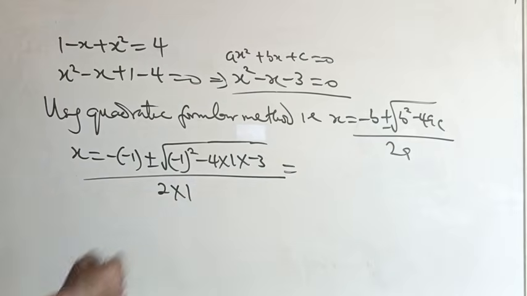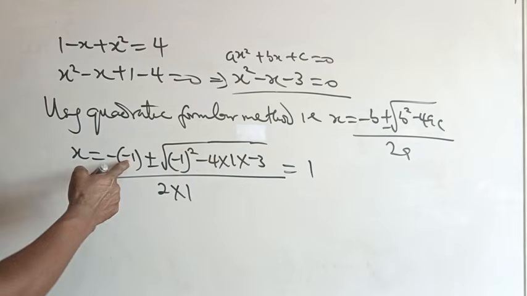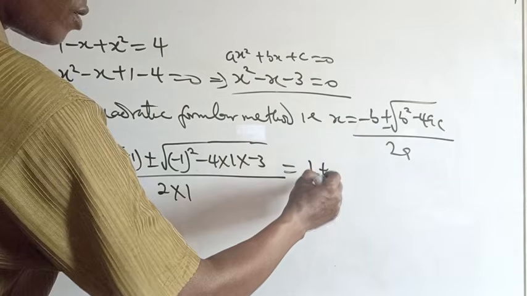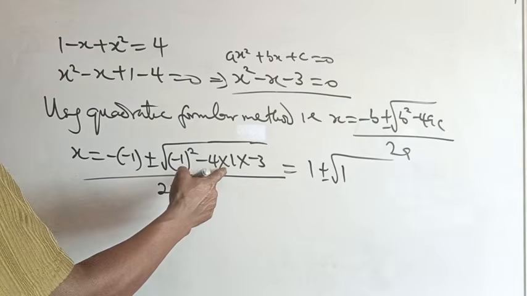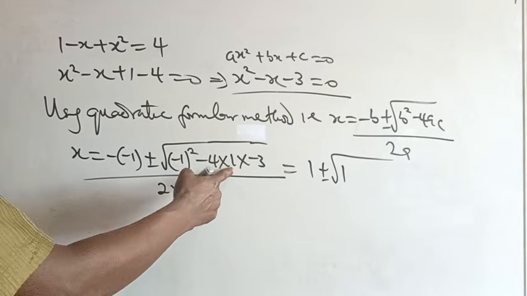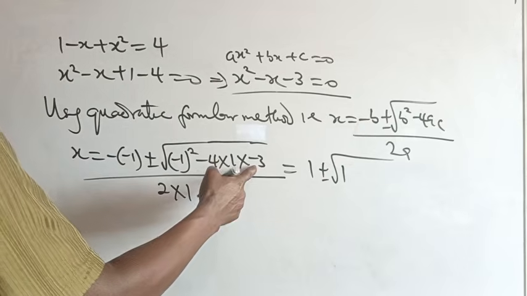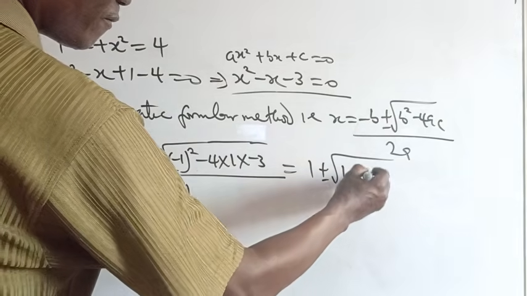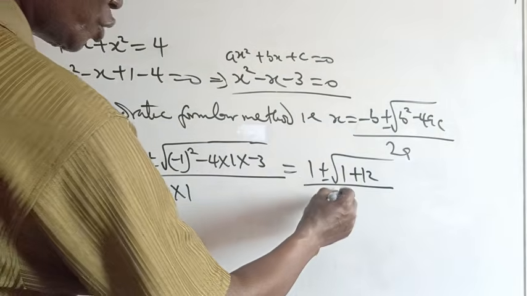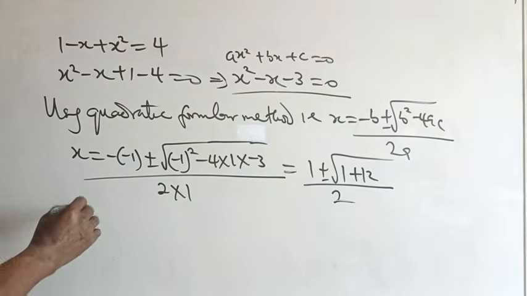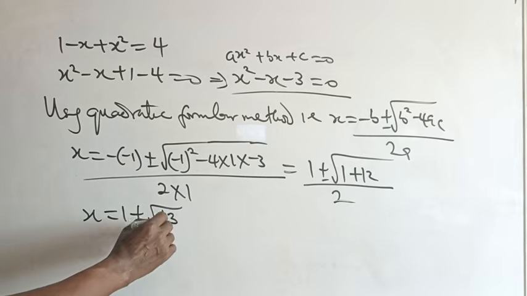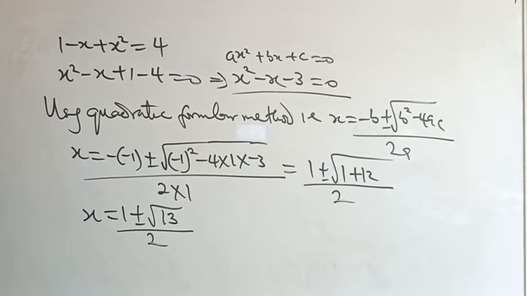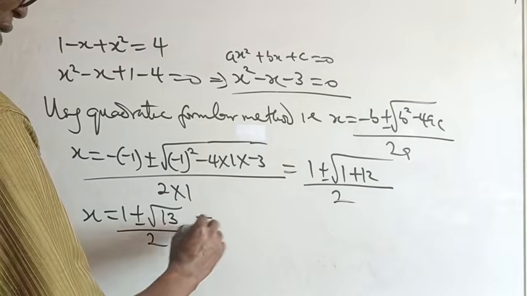So this will give us 1, because minus times minus is plus, plus or minus the square root of 1 minus 4 times 1, that's minus 4, minus 4 times minus 3, that's plus 12, all over 2. So x will be 1 plus or minus square root 13 all over 2.